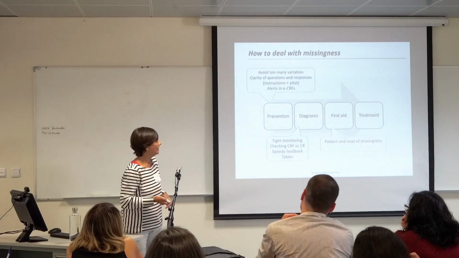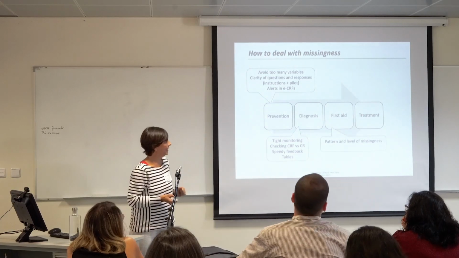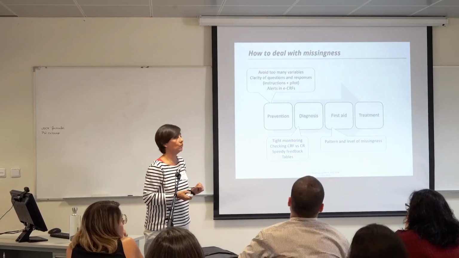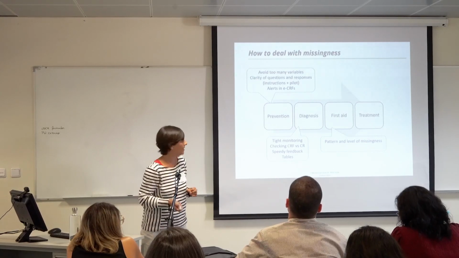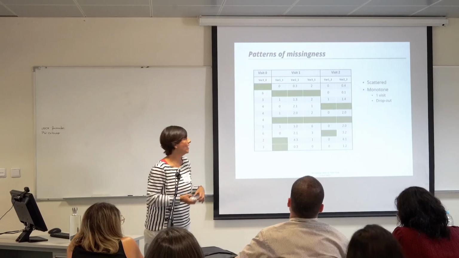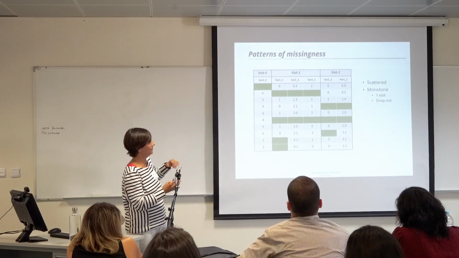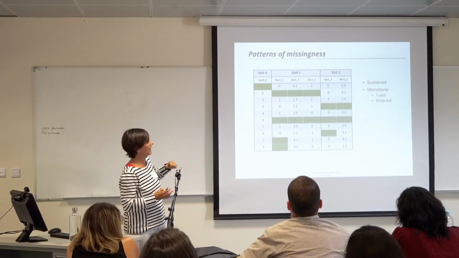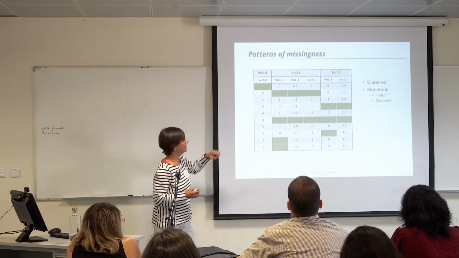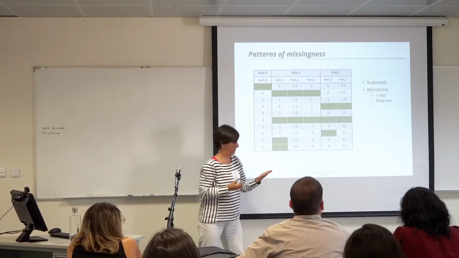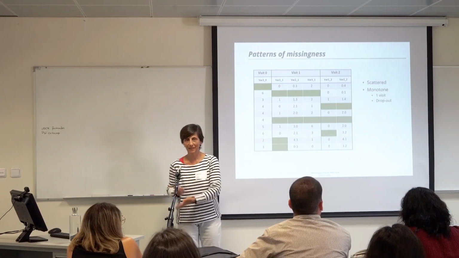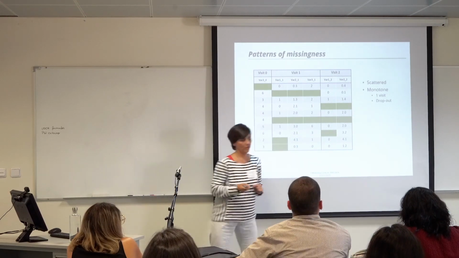Then, the first aid is to understand what is the pattern and the level of missingness. We have several patterns of missing data. What we call the scatter pattern is if you have one here, here, and then another there, right?